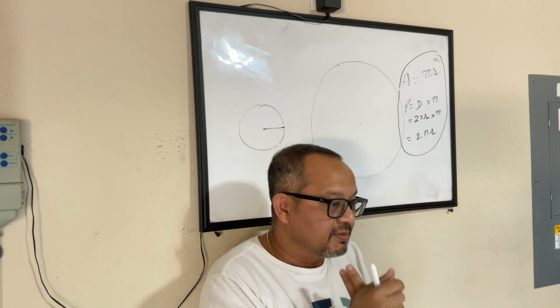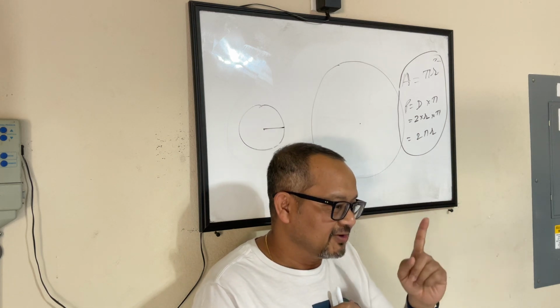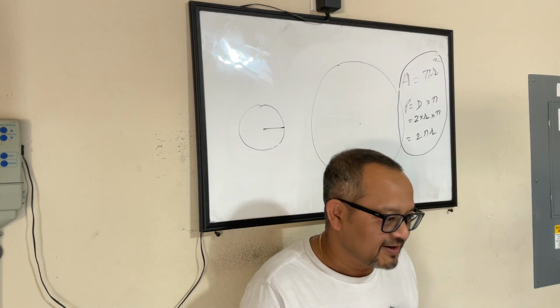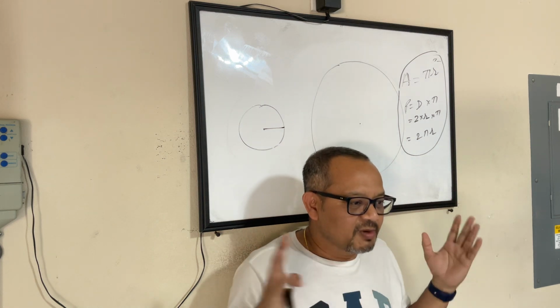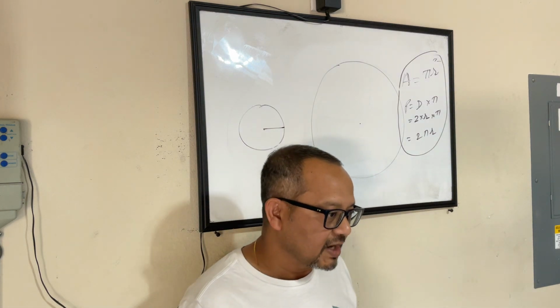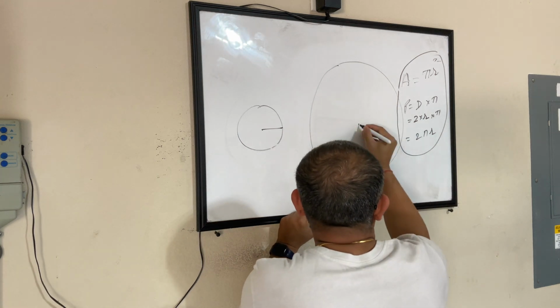Now, can somebody tell me what is a sector? Let me see if anybody is wanting to go on the screen. What do you mean by a sector of a circle? Let me give you guys a clue. So this is my circle.